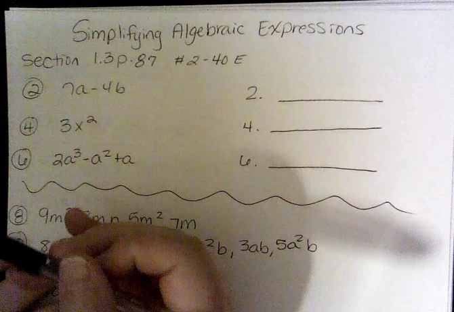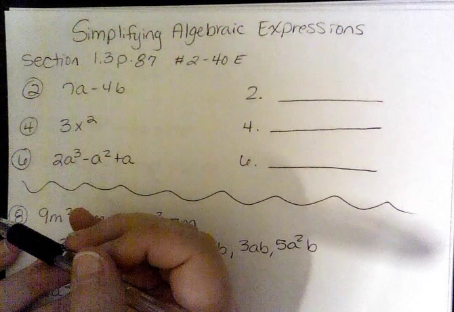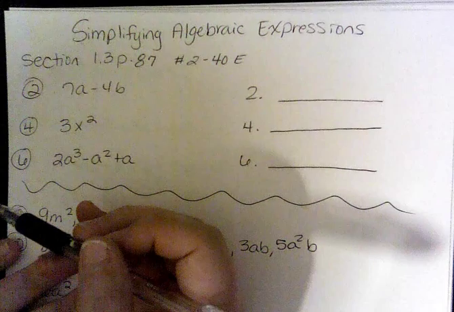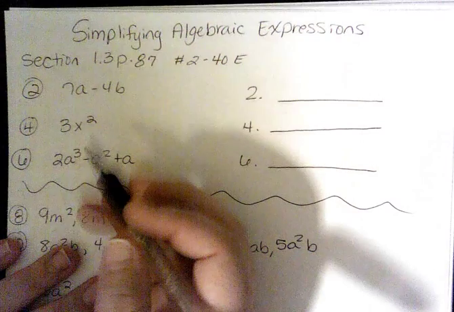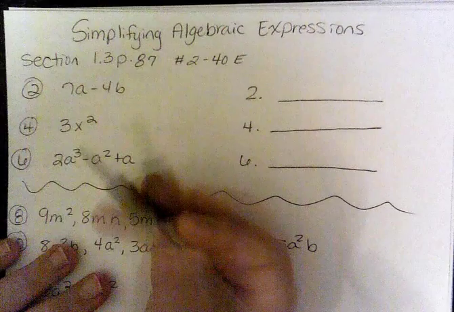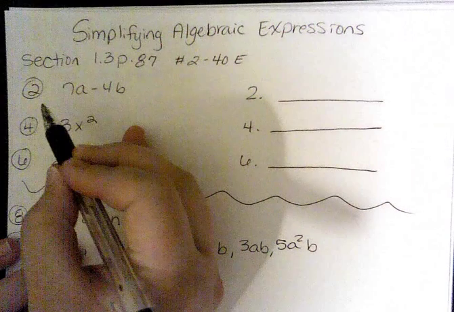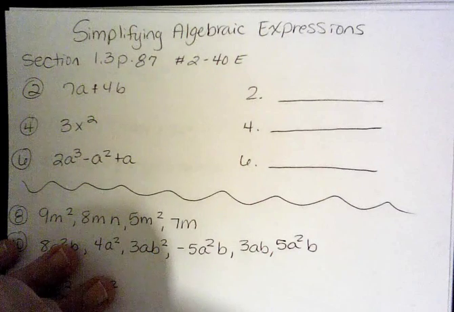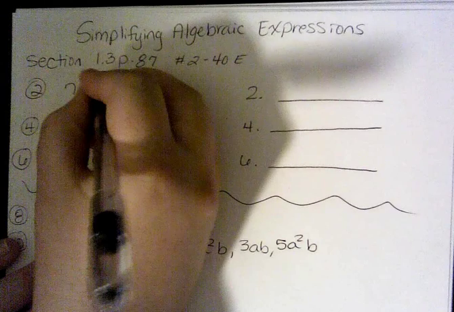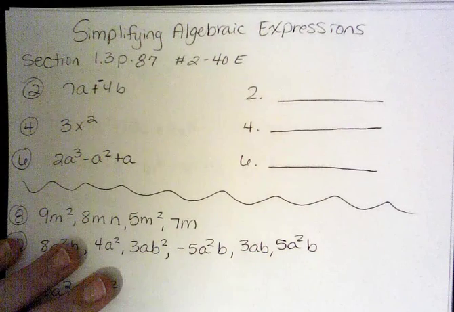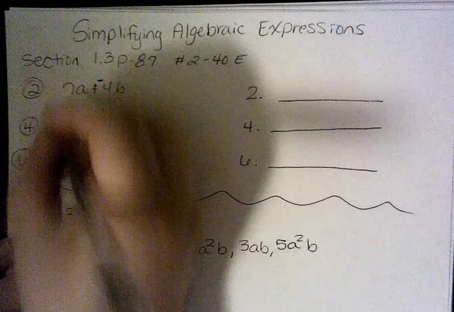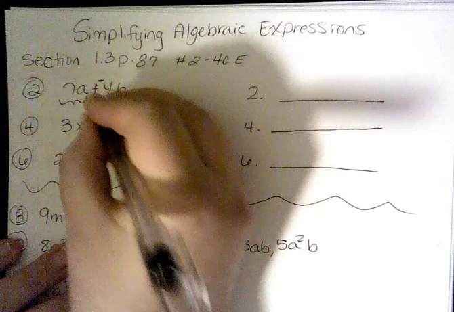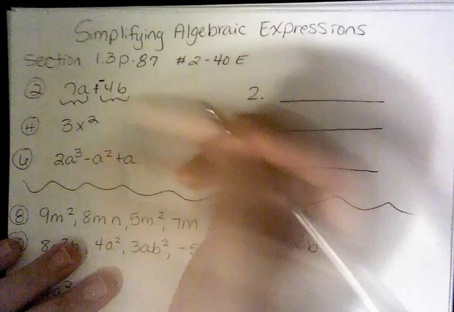And as we know from the video from section 0.3, when we subtract two terms, our rule is keep, change, opposite. So keep the 7a the same, change the subtraction to addition, and the opposite of 4b is negative 4b. Now we see our addition sign, so you have two terms. You have the term 7a, and you have the term negative 4b.